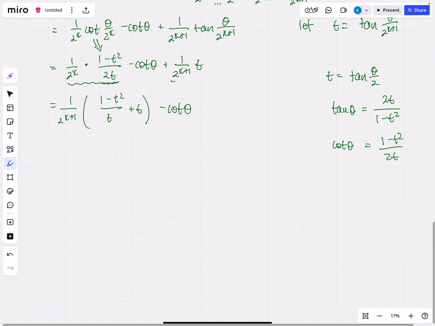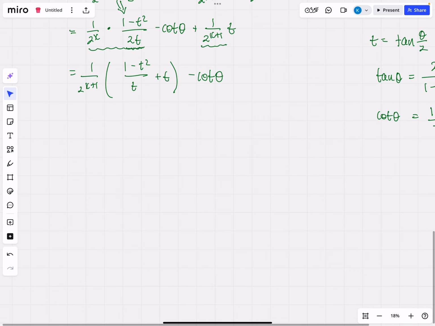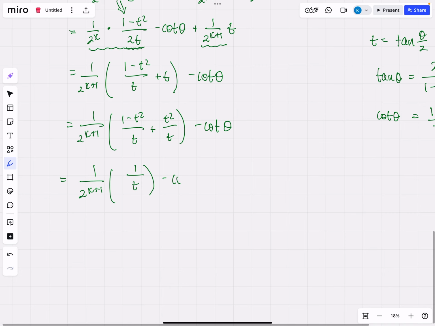And then I'm just factorizing out the 1 over 2 to the k plus 1. So here, we're just going to say t squared over t plus t squared over t minus cot theta. One over t minus cot theta.